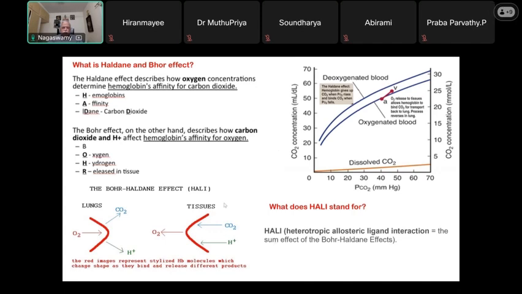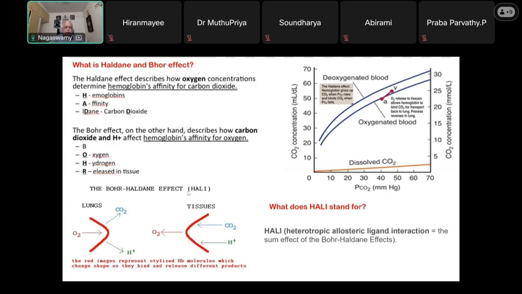So if these two effects take place normally, then only your oxygenation and CO2 elimination will be all right. If there is any interference in either Bohr or Haldane: interference with Bohr will cause more tissue hypoxia, which will cause more acidosis, lactate formation, anaerobic metabolism, and interference with the Haldane effect will result in retention of CO2, hypercarbia, and respiratory acidosis.